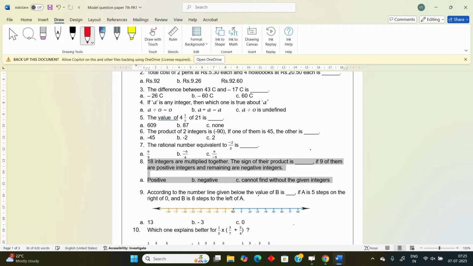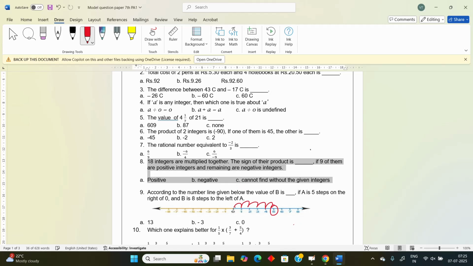According to the number line given below, the value of B we have to find. A is 5 steps to the right of zero. 5 steps right of zero means 1, 2, 3, 4, 5, it is 5.